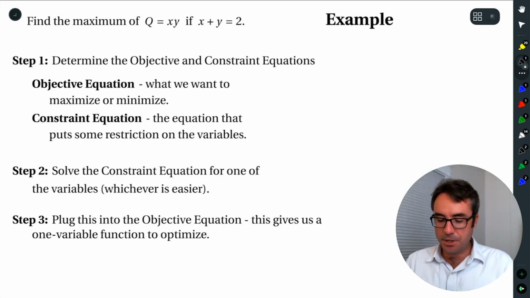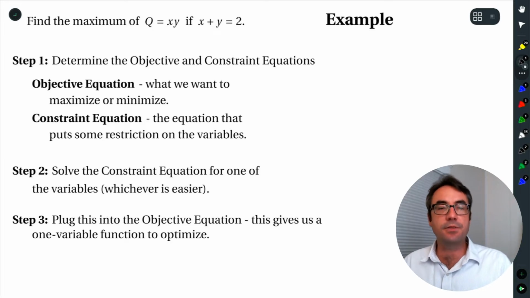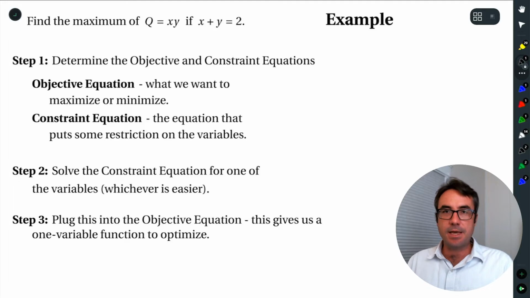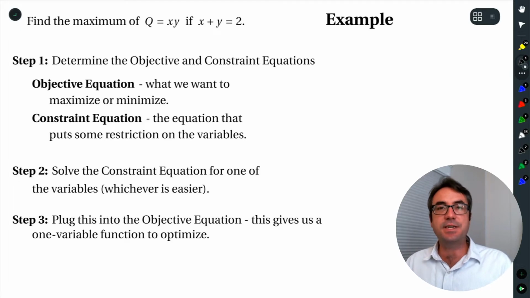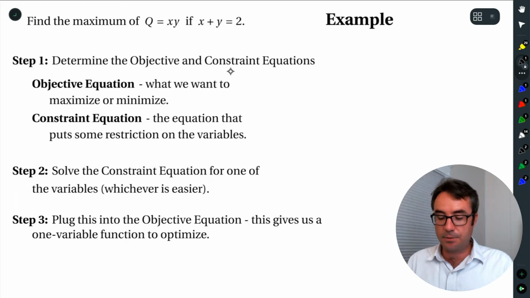All right, so we have this problem where we want to find the maximum value of this function, x times y, provided x plus y is equal to 2. This is going to be a recurring theme for a lot of these applied optimization problems. The first step is to determine what we're going to call the objective and what we're going to call the constraint equations.